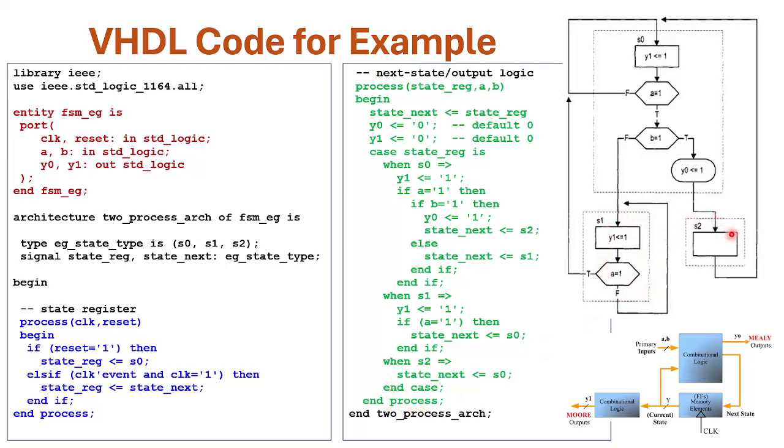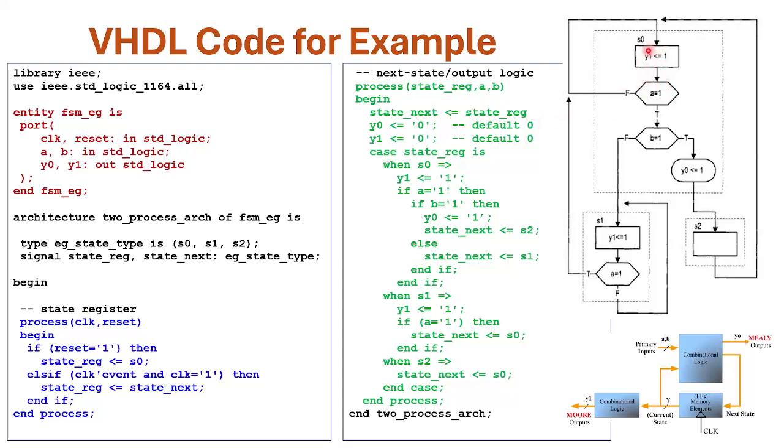The simplest, the third branch of this case statement, is when S2, we just assign to state next S0, meaning that we want to transition and go back the next clock cycle to S0. As you can see, three branches of the case statement, each corresponding to an ASM block or box in this ASM chart.